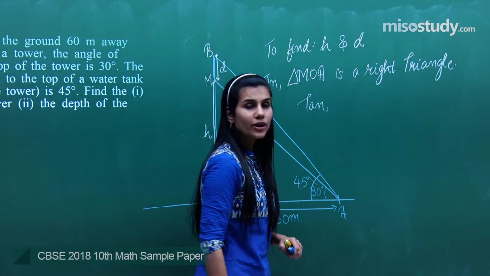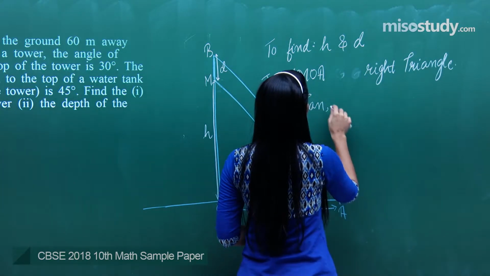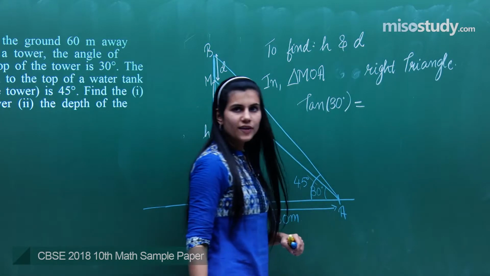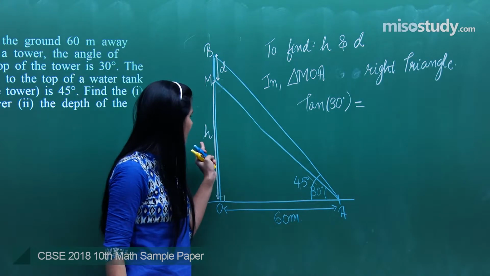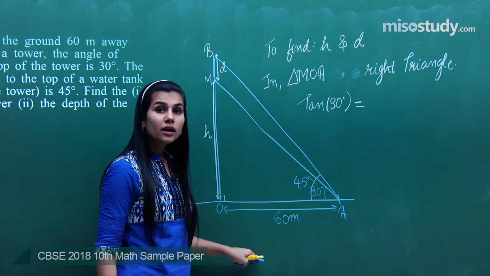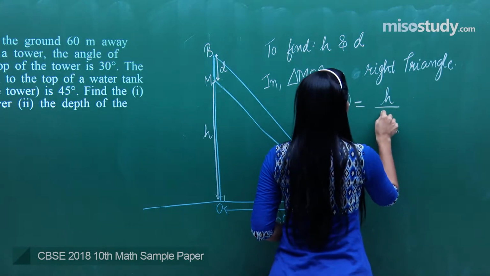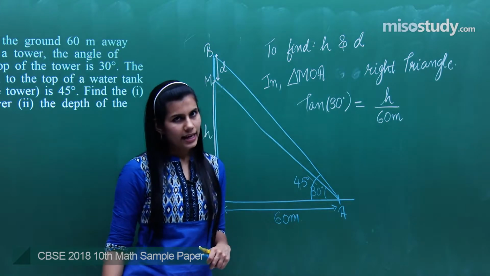In this right triangle, I have tan of 30 degrees will be what? If I work with the tan ratio in this right triangle, tan 30 will be perpendicular upon the base. So perpendicular is H and base is having 60 meters as its length.